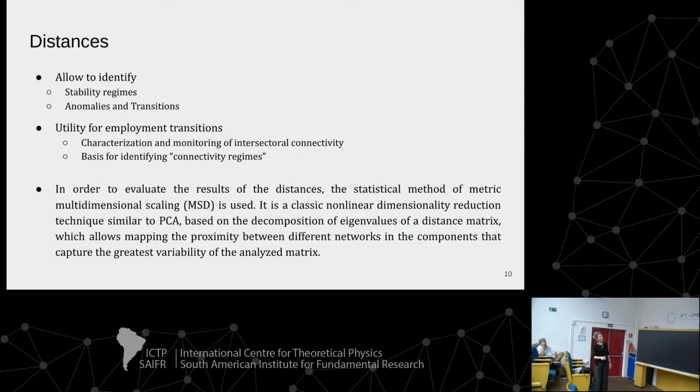It is a classical dimensionality reduction technique, based on the decomposition of eigenvalues of this distance matrix, yes? And we will be using it in order to map the proximity of the different networks in these components. So we will be looking at the components of this PCA and see which components represent these distances better, okay? And then we will be analyzing the results of the distances in terms of the MDS, okay?